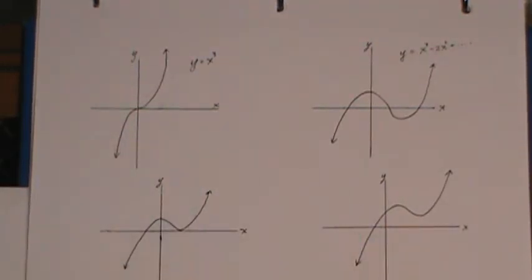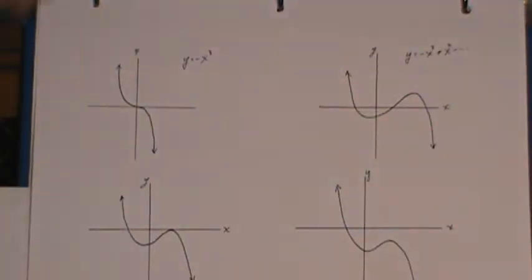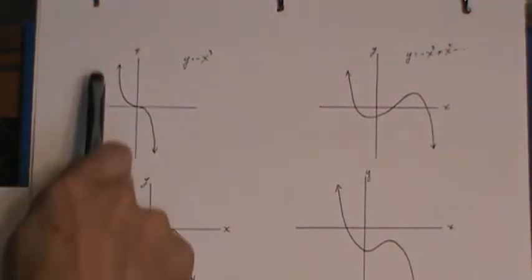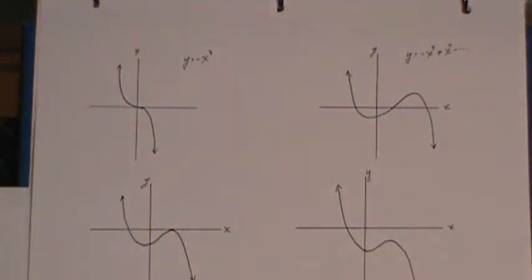or just one root. Now, if you put a negative in front of the x cubed, it turns it upside down. So rather than coming through and going up like this, it starts high and ends low. And that goes for all the varieties of it too.